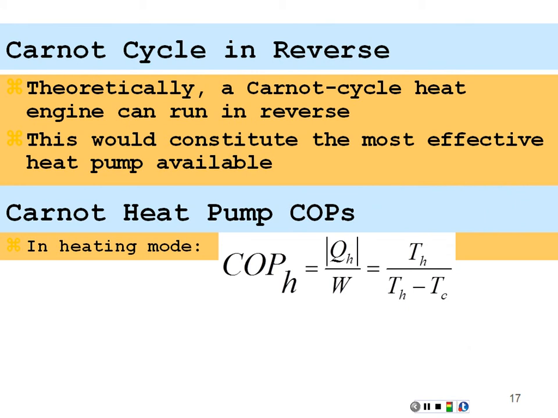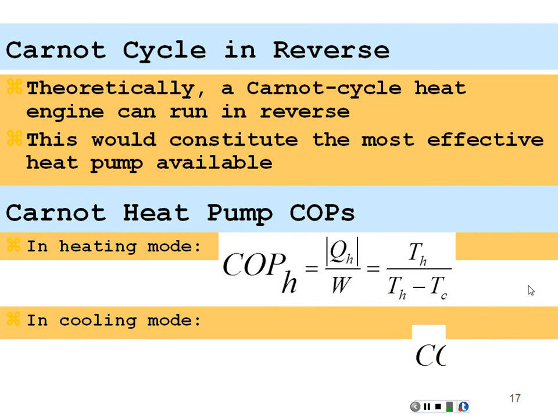What we hope to gain is to add heat to our hot reservoir, and that's going to require work. So in heating mode, we're going to put heat into our reservoir from hot, and that's going to be the temperature of the hot reservoir over the difference in temperature of the hot reservoir minus the temperature of the cold reservoir. That is our coefficient of performance in heating mode.